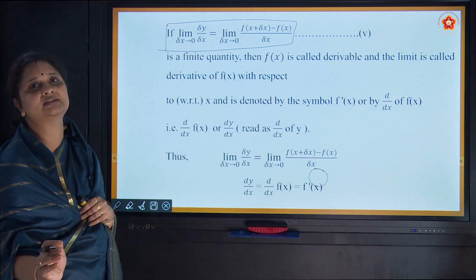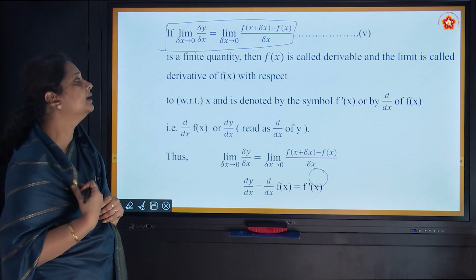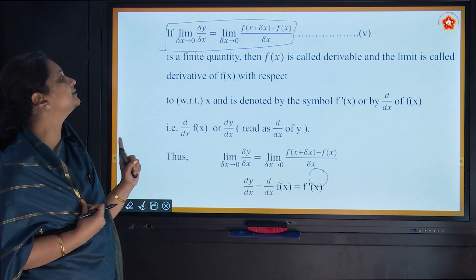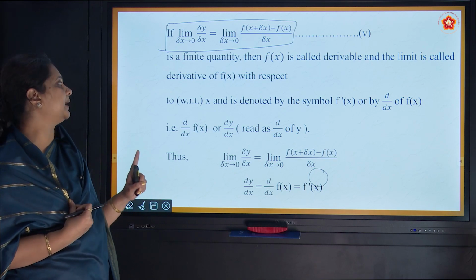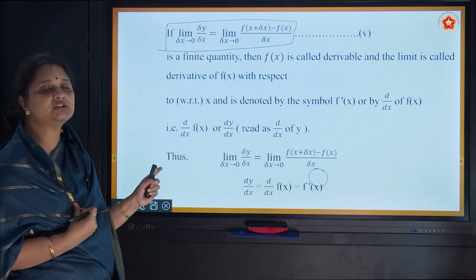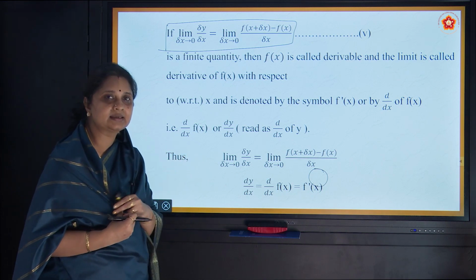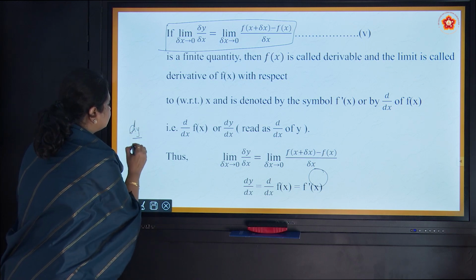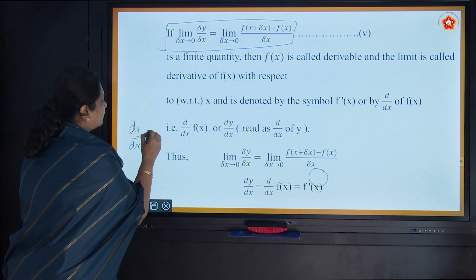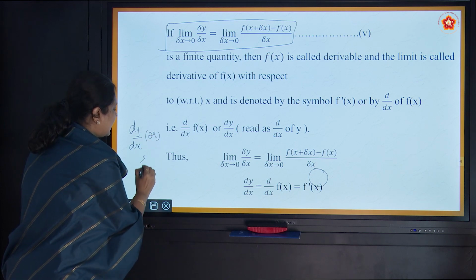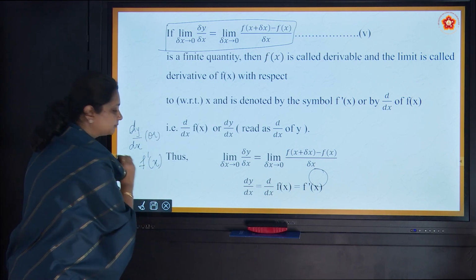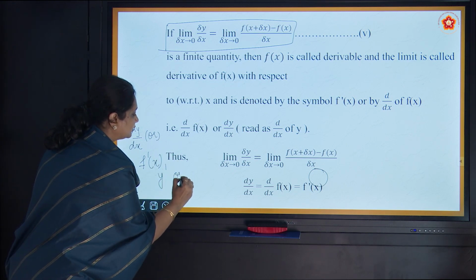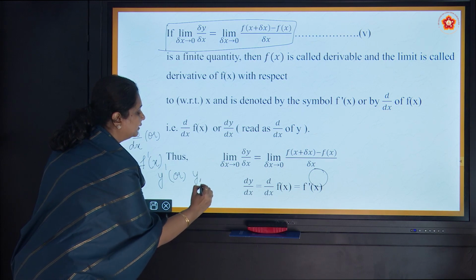This is a finite quantity, as we have already seen in the table. It's a finite quantity, not necessarily 0, and the limit is called the derivative of f of x with respect to x, that is, the derivative of y with respect to x. So how do we denote it? The derivative can be represented as dy by dx or f dash of x or y dash or y1.